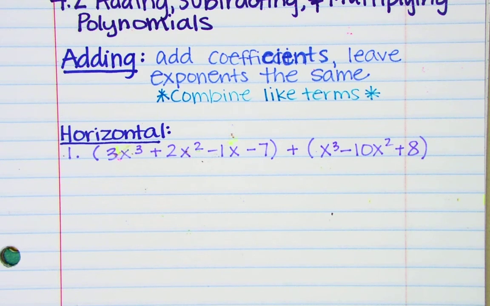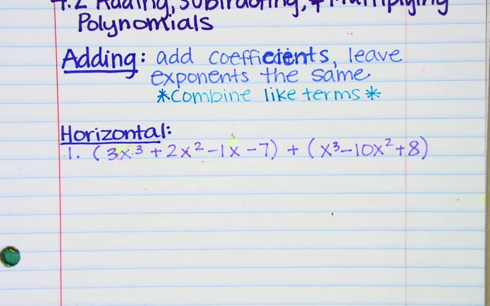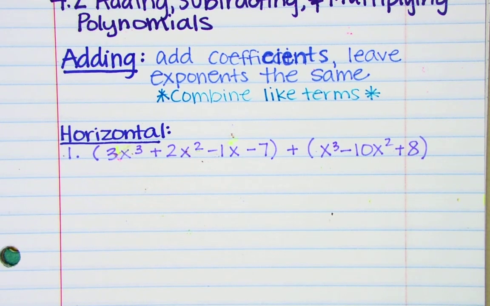Okay, the very first thing we should do on all of these is go through, and if there is not a number in front of the variable, write it in. There's no reason to take shortcuts. These are some of the easiest problems.